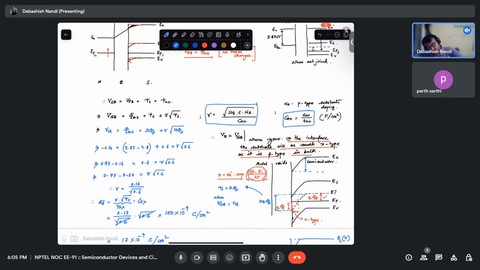So this formula I have written from here to here. Please refer back to the lectures. In the lecture, gamma is not there.